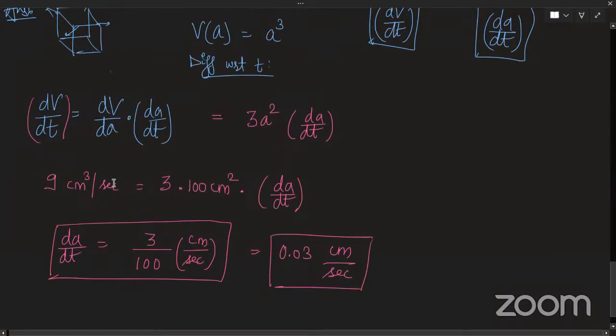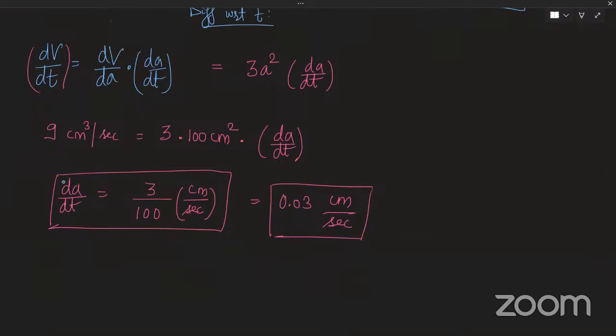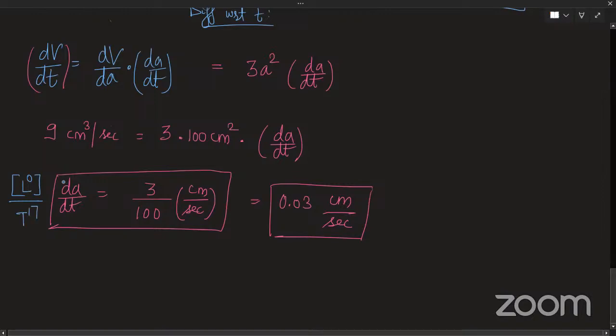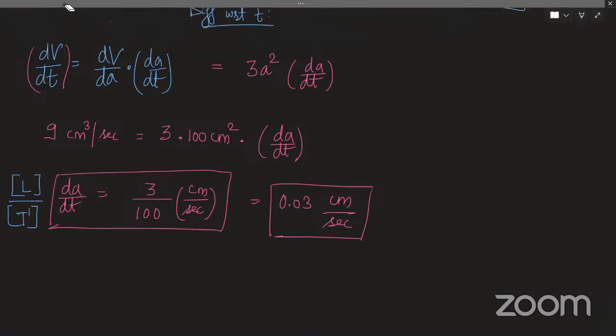What is the dimension of A? A is a length. What will be the dimension of A? A will have the dimension of L raised to 1, and t has dimensions of T raised to 1. What is the dimension of length?